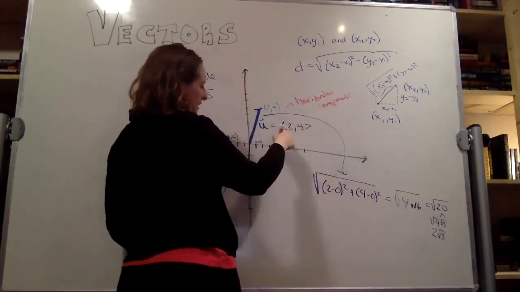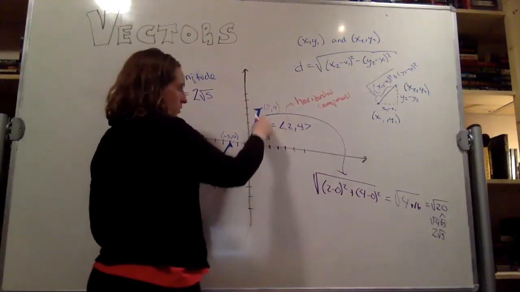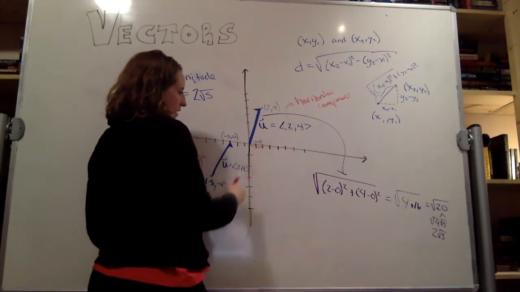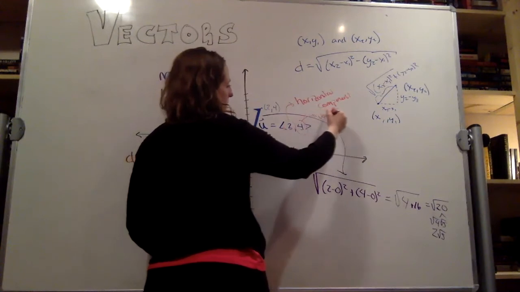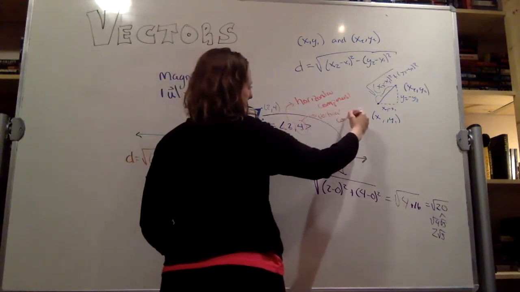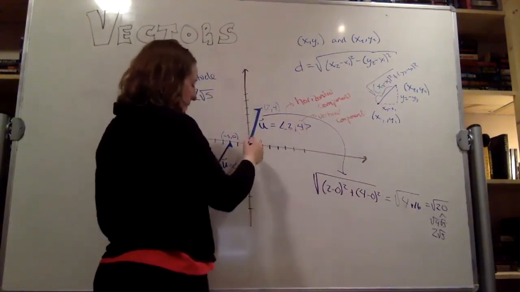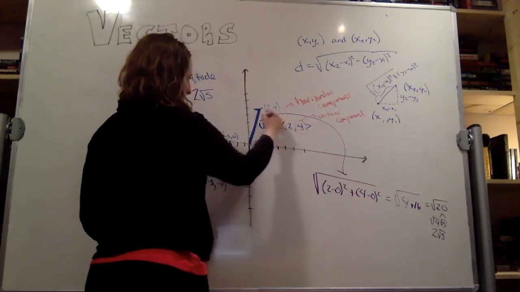Well, because it tells us how far we move horizontally to go from our starting point to our ending point. So this vector, I'd have to move 2 points horizontally to go from here to here. That makes this the vertical component of our vector. And the vertical component tells me how I move vertically to go from the starting point of my vector to the ending point. 1, 2, 3, 4.